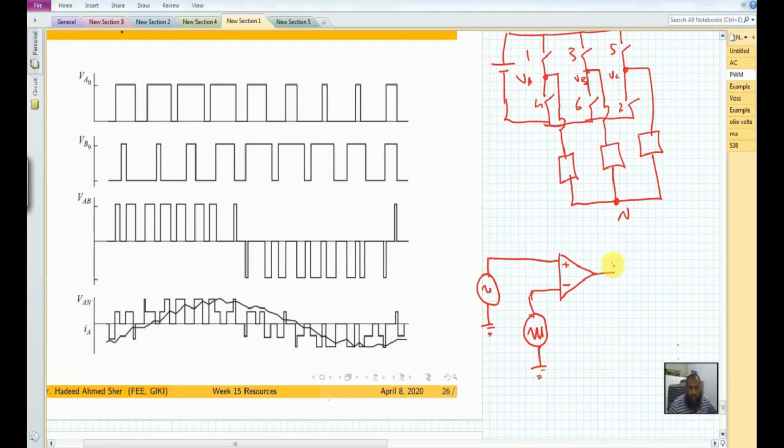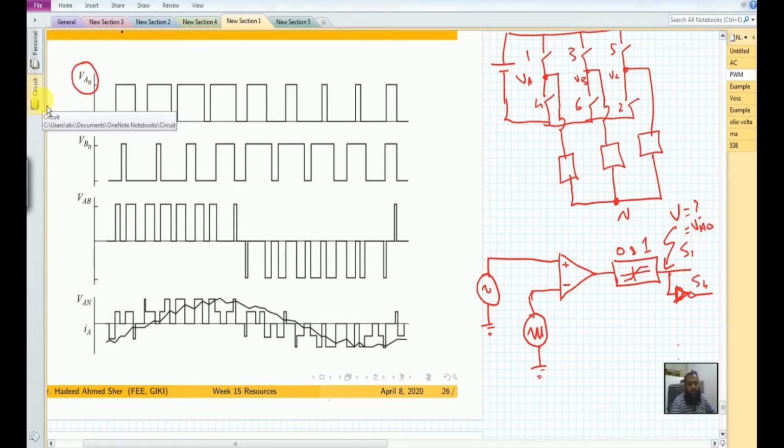The output is passed through a limiter block that limits the value between 0 and 1, and thereafter it is ready for this switch S1. Now this switch S1 has a NOT gate operation for the switch S4. Now if you look at this voltage V here, then this V is equal to VA0.